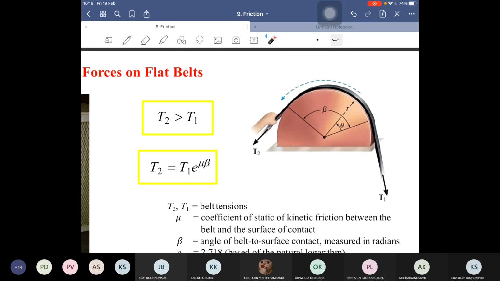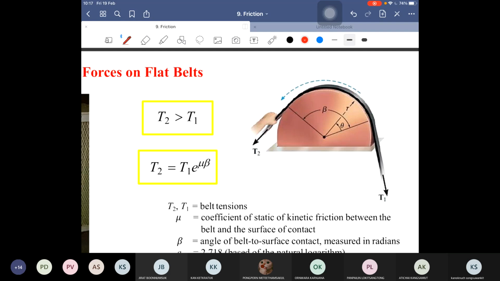So you can see that the tension T2 that we exert on this belt must be greater than T1, because if we want to move, not only T1 do we have to overcome, but we also have to overcome the friction between these two contact surfaces too.